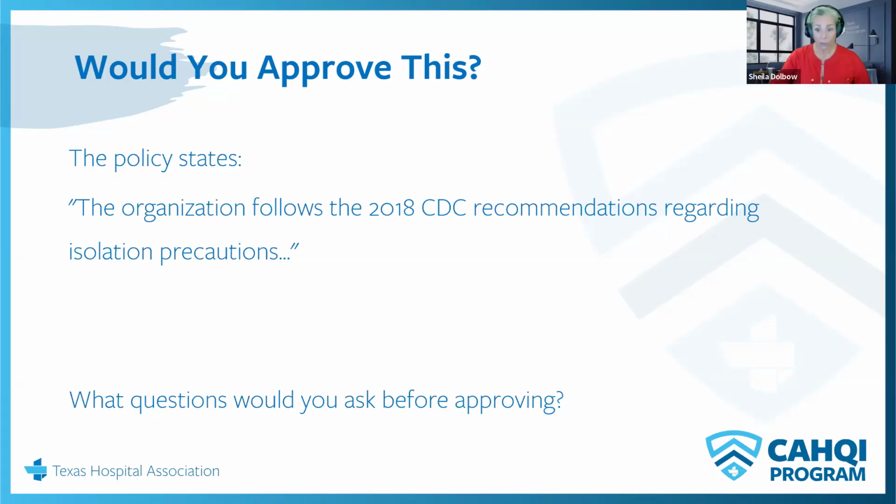Since it's 2026, I might ask if the 2018 CDC recommendations have changed, if there's been any update, if that is in fact the most current recommendation, or has anything changed? And when you look at isolation precautions, are these isolation precautions related to a specific matter or something a little bit more general? There are still some specifics here that are left that could leave things open for interpretation.